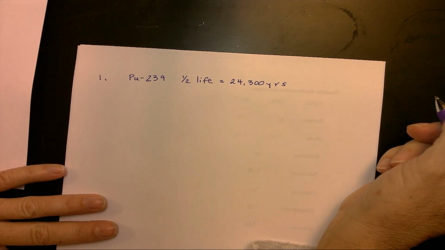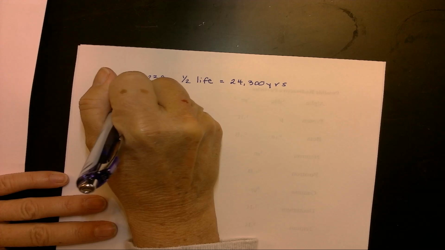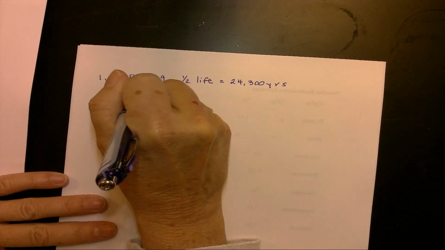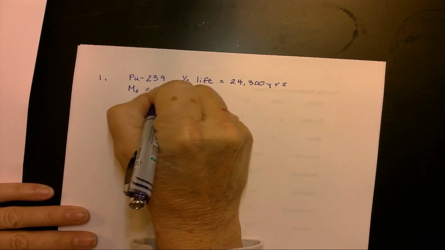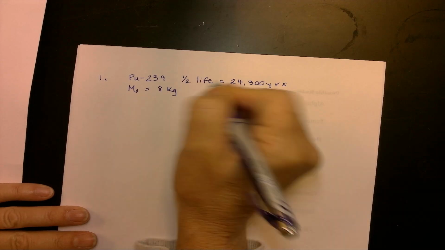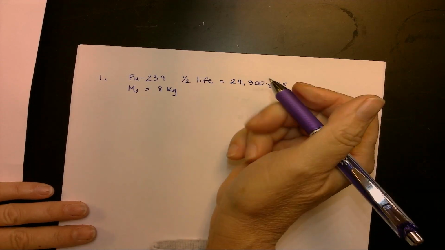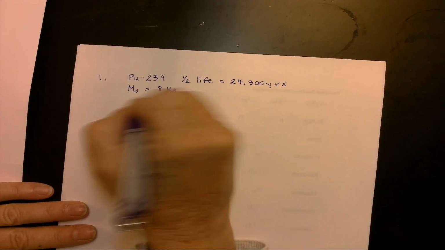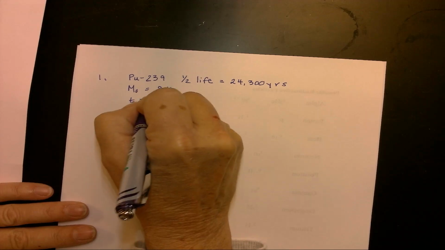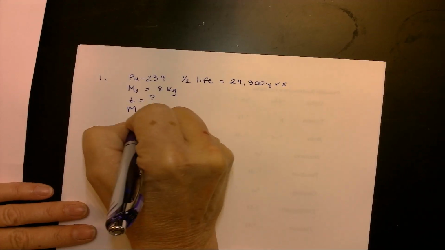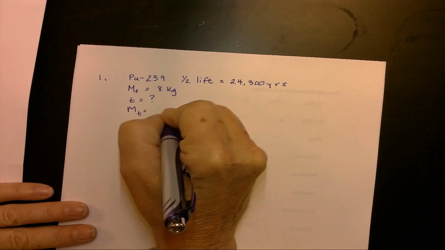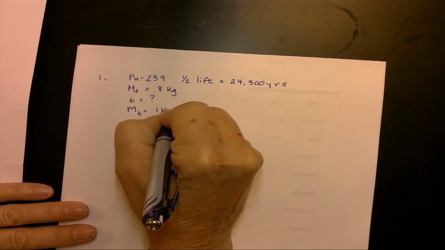If a nuclear bomb released 8 kilograms, so that would be our M sub O, 8 kilograms of this isotope, how many years would pass before the amount was reduced to 1 kilogram? So here's the problem.